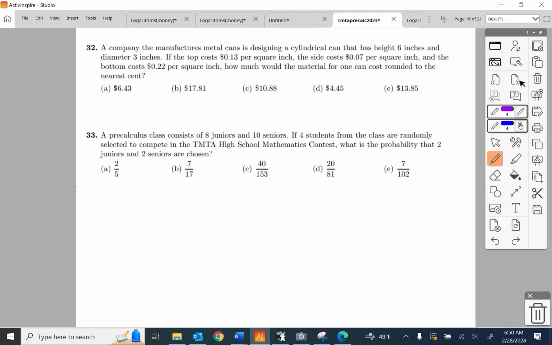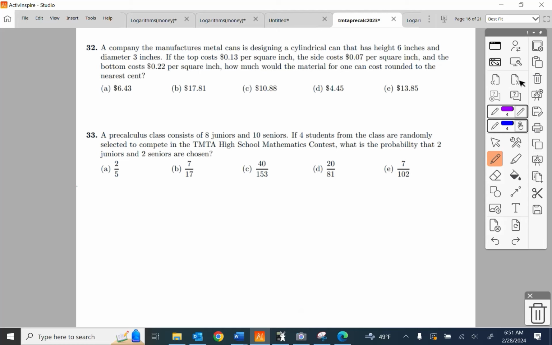A company manufactures metal cans, designing a cylindrical can that has a height of 6 inches and a diameter of 3. If the top costs 0.13 per square inch, the sides cost 0.07 per square inch, and the bottom costs 0.22 per square inch, how much would the material for one can cost, rounded to the nearest cent?